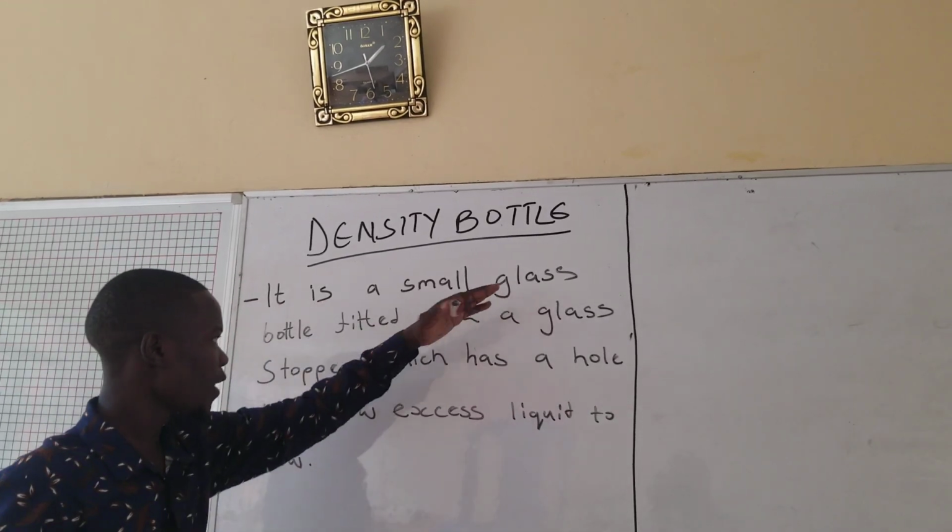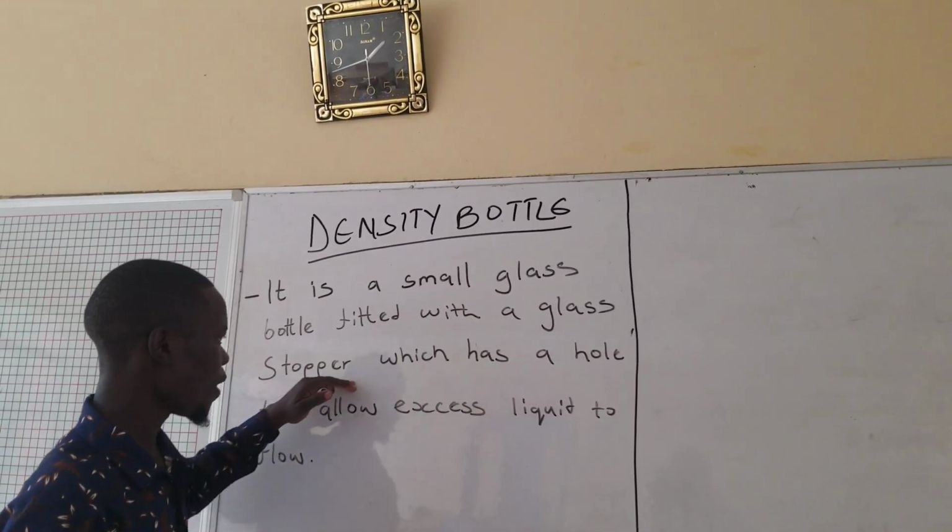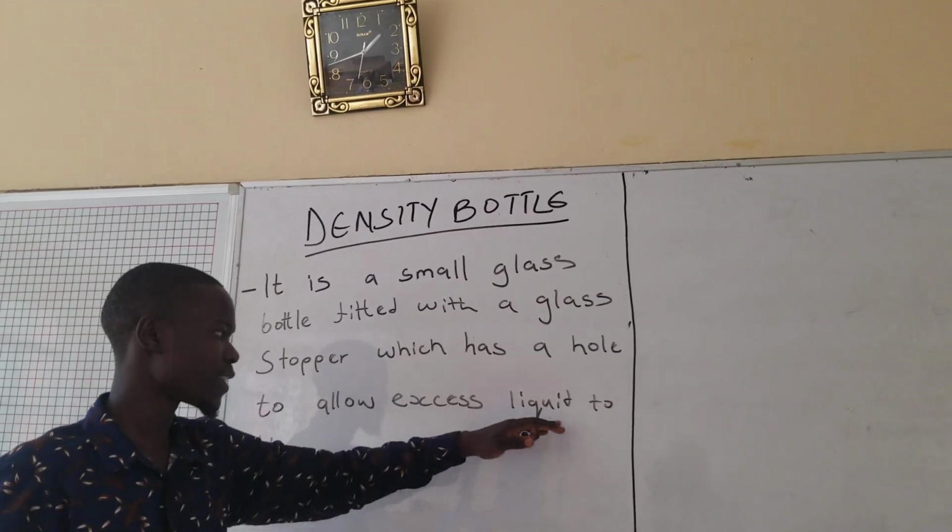So it is a small glass bottle fitted with a glass stopper which has a hole to allow excess liquid to flow.